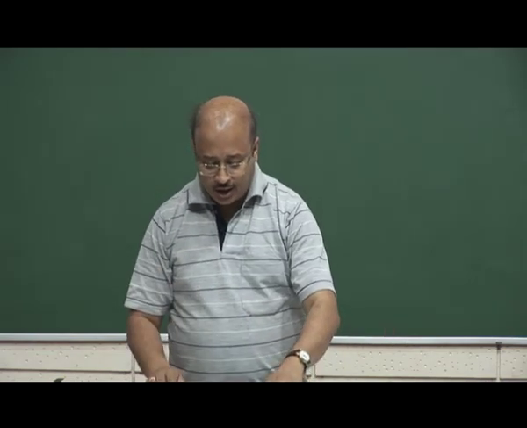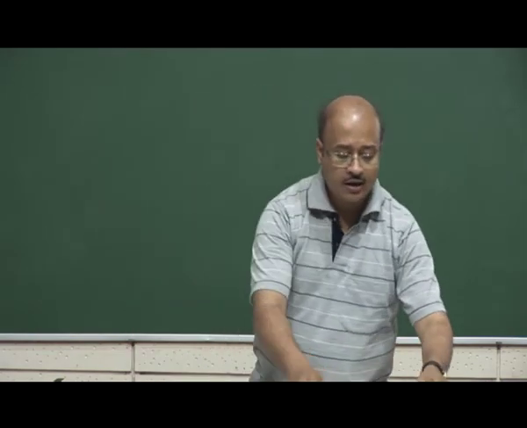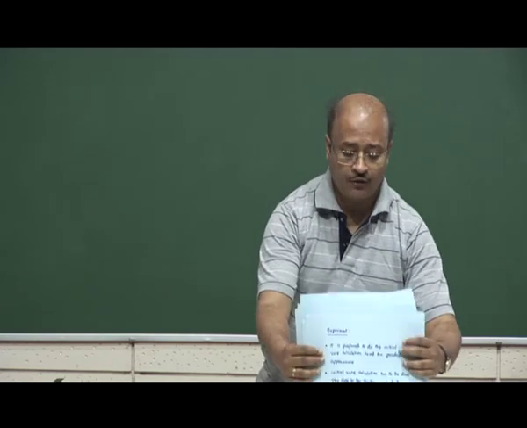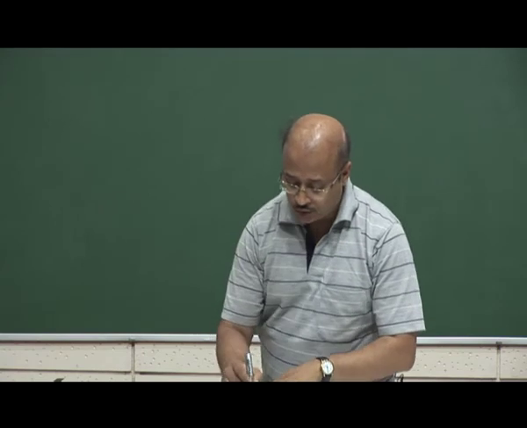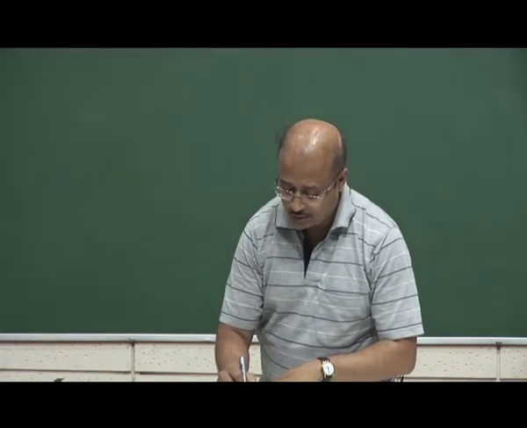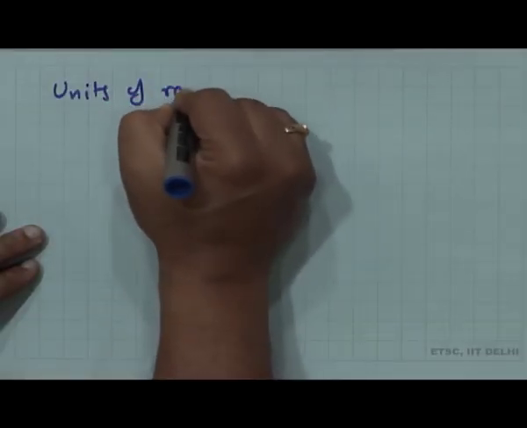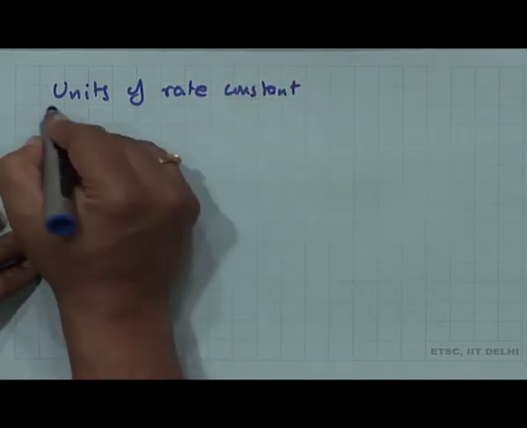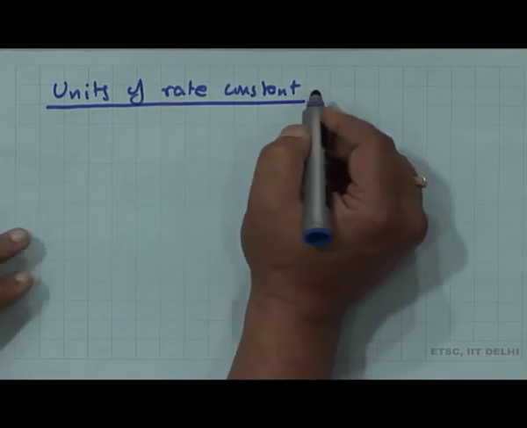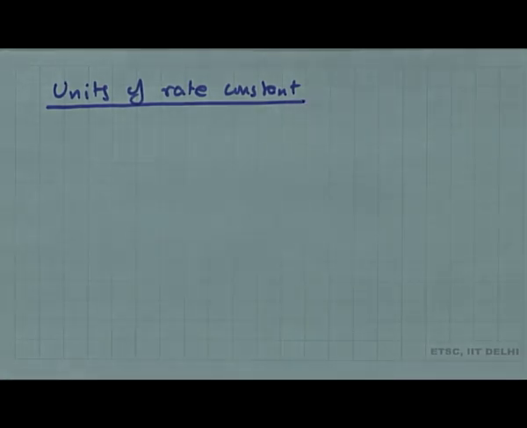So, like we worked out the units of the rate, we can also work out the units of rate constant. Again, this is very simple, right. We need to know the rate expression.